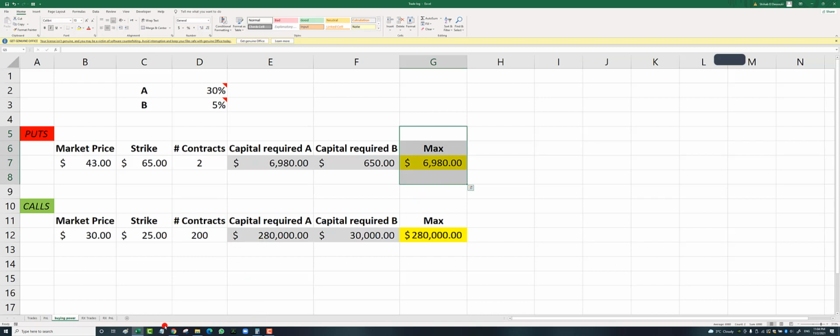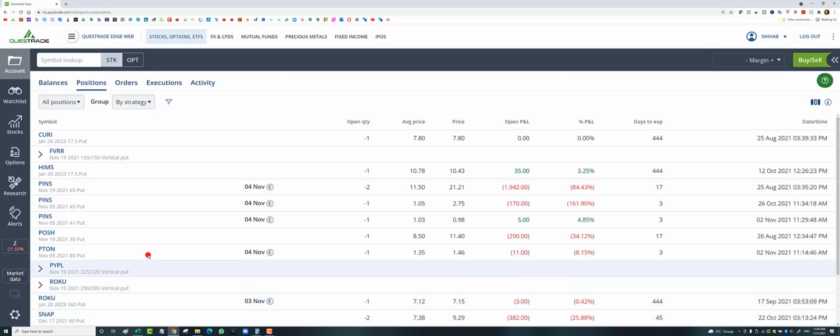That's a lot compared to my account. I remember I said my account is about 77,000 total. So PINS is taking about 10%, 9% of my total buying power to begin with, and I still have more puts on PINS. Actually, I've got another one here at 45 put.